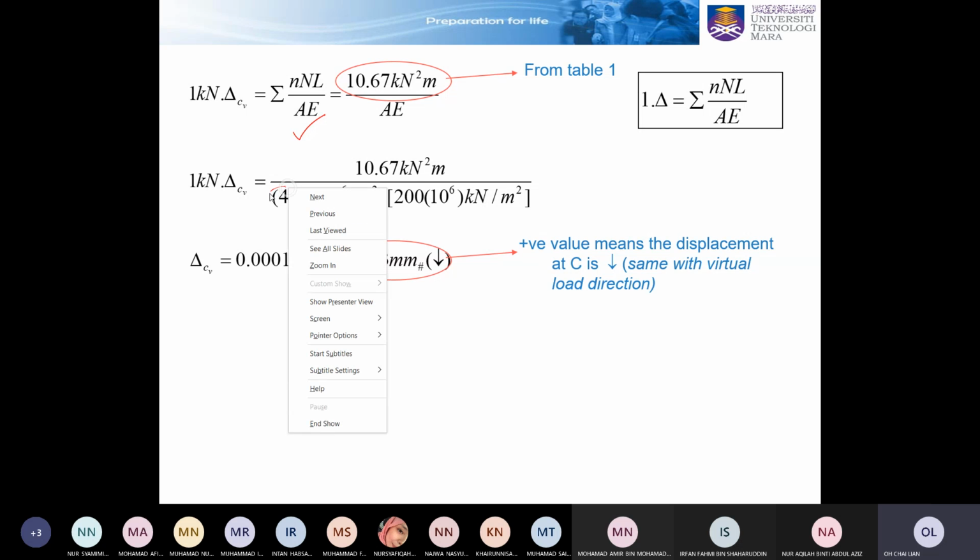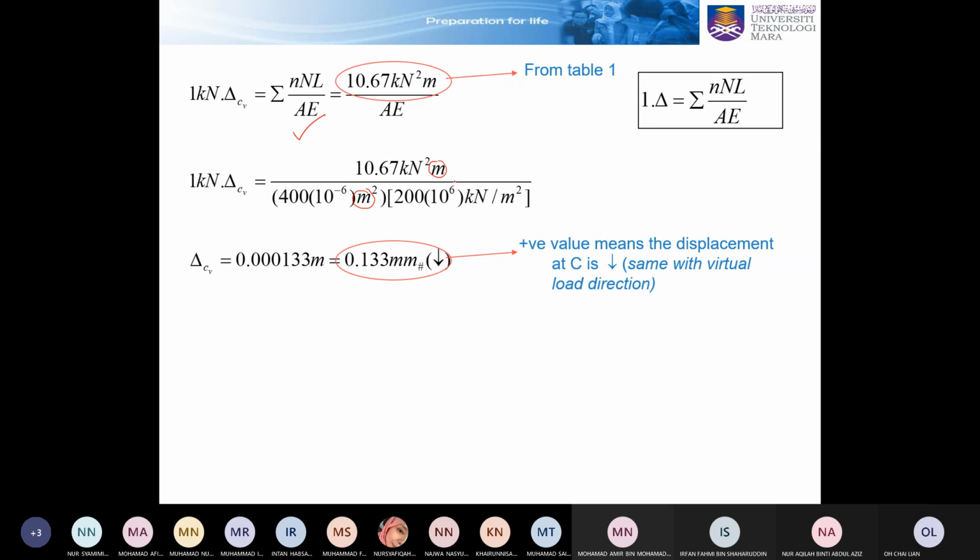If the problem gives you the A and E values, make sure you have put the units correctly. You shall not have Newton at the top and kilonewton at the bottom. Make sure you have the same unit at the top part and at the bottom of the fraction. Then you can get your answer here, delta C.